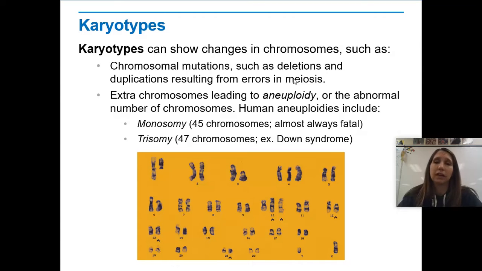For most of those scenarios, individuals with that condition, if that's the only chromosomal abnormality they have, tend to survive and do well, but they can't themselves reproduce. Most monosomies, if we're lacking one of our 46, are going to be fatal and deadly. The exception would be something like Turner syndrome, where we're lacking something as small as a Y chromosome.